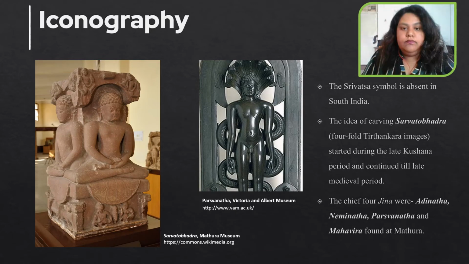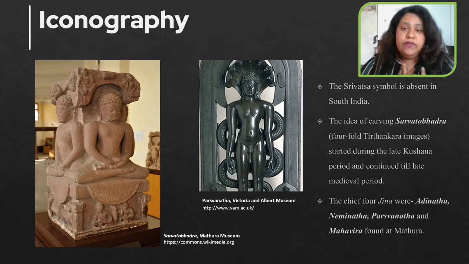The other form of depiction of Jaina images is the Sarvatobhadra, a fourfold Tirthankara image, which started during the late Kushana period and continued till the medieval period.